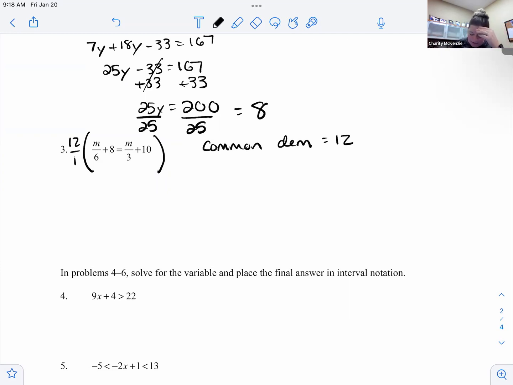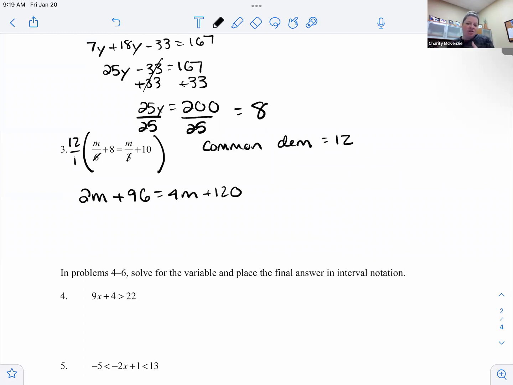So when I multiply this first term, the 6 goes into the 12, leaving a 2m, okay? And then what is 12 times 8? I'm using my calculator. I don't remember. It's 96. So 12 times 8 is 96. Okay, and then 3 goes into the 12 4 times. So I'd have 4m left there.